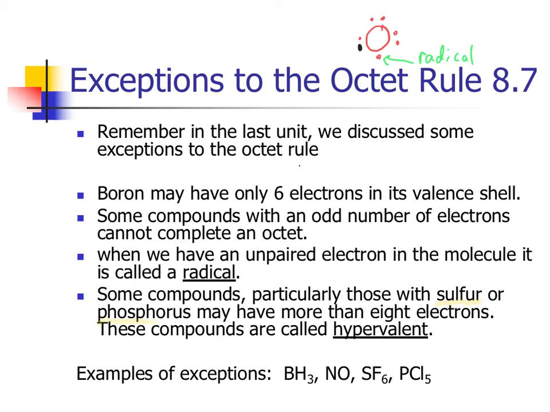Sulfur and phosphorus are very common elements that go hypervalent. They do not go into hyperspeed. They do not go plaid. They go hypervalent, meaning they expand beyond 8 electrons.